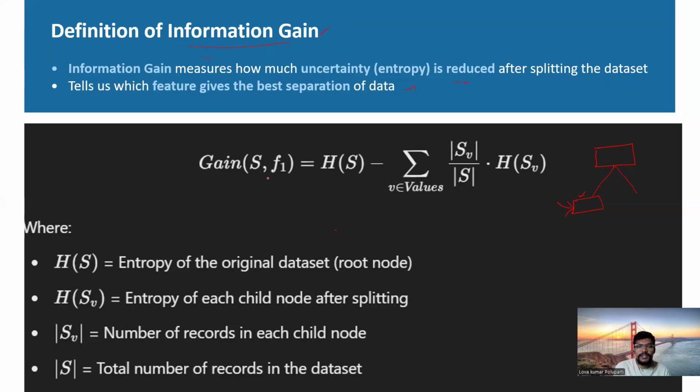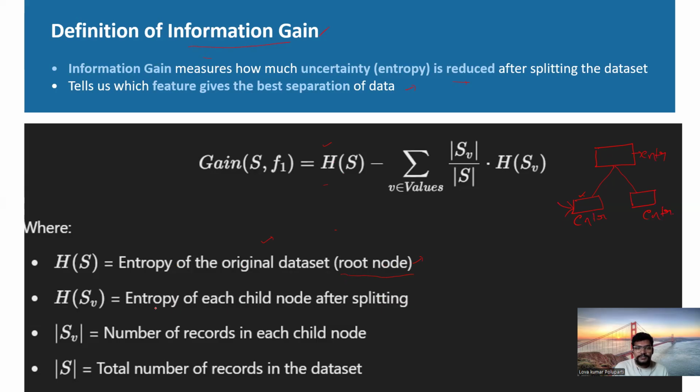In formula terms, the information gain is H(S) minus the summation over all values v of |Sv|/|S| times H(Sv). Let's see what each means. H(S) is the entropy of the original data set, the complete data set at the root node. I want to find the entropy here, and also at each child node, then only can I decide.